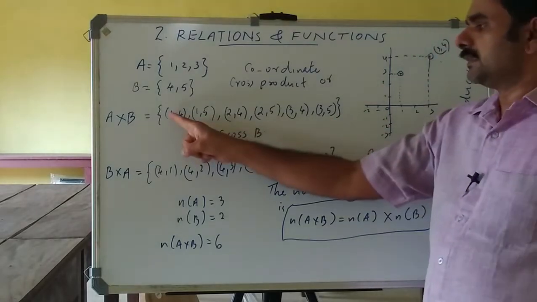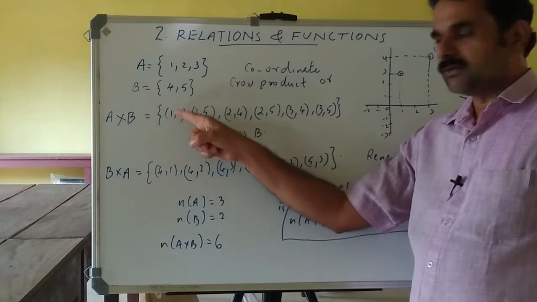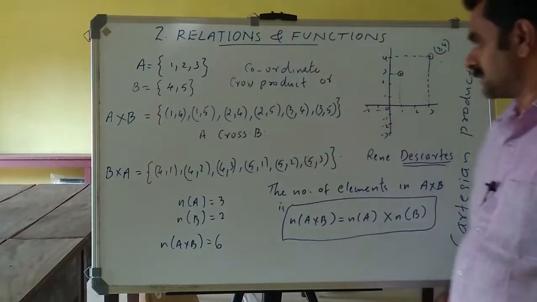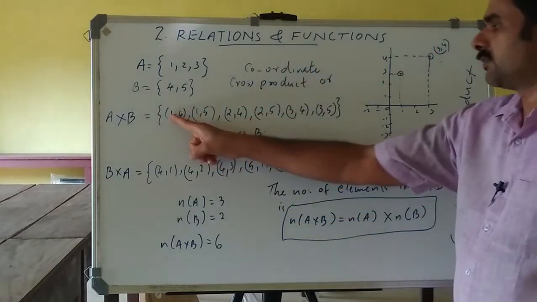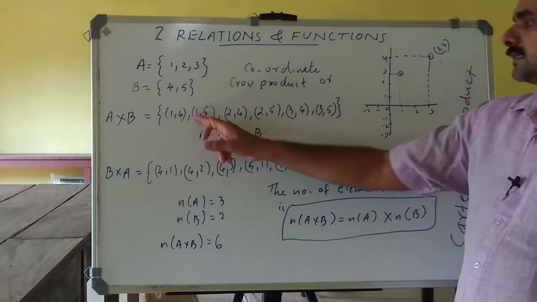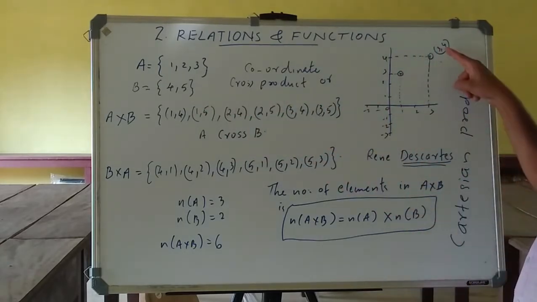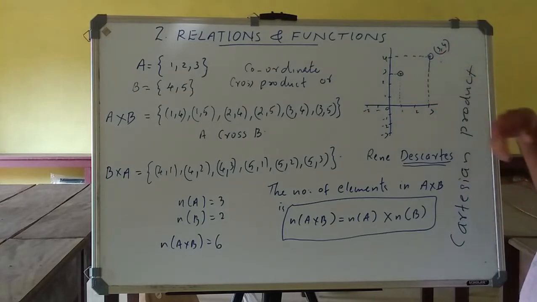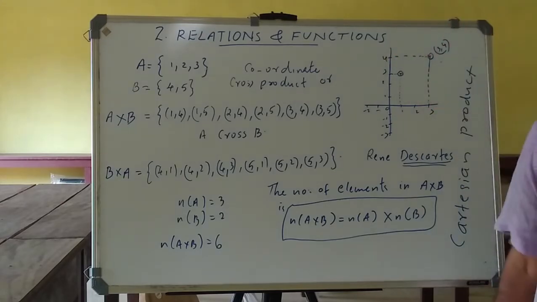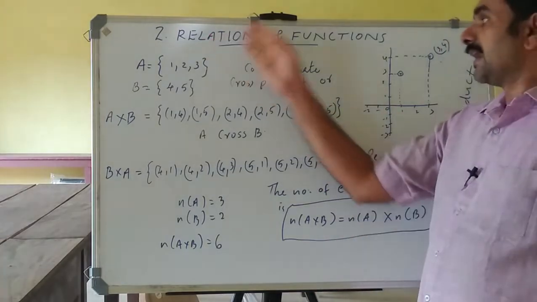The number 1 in (1, 4) is on the x-axis, first one for x-axis, second one for y-axis. So in (3, 4), 3 is on the x-axis. First number on x-axis, second number on y-axis. Clear? So that is all about the beginning part of this chapter, relation and function.